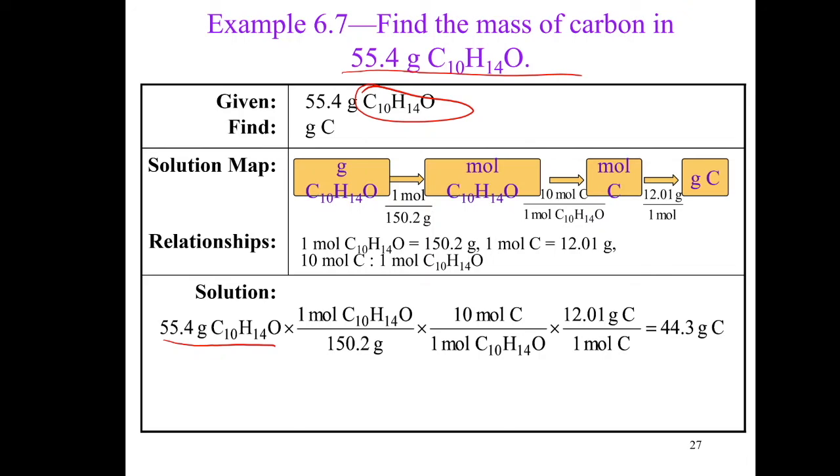So we have to use the molar mass of C10H14O, so 10 carbon atoms, 12.01 each, plus 14 hydrogen atoms, 1.01, plus 16 gives us 150.2. And grams go on the bottom to cancel out with grams. Do a mole ratio: for every 1 mole of C10H14O, there are 10 moles of carbon. Multiply by the molar mass of carbon, then we get 44.3 grams of carbon.